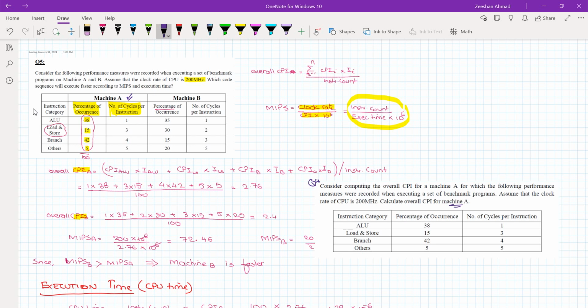He said to calculate the overall CPI, which we have already calculated. It's the same, so you will get 2.76 for this particular question. So question 4 is already covered.